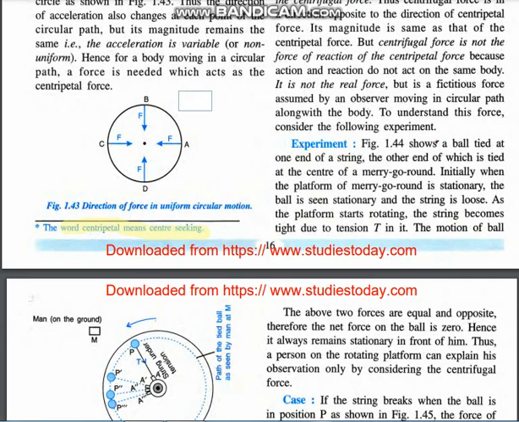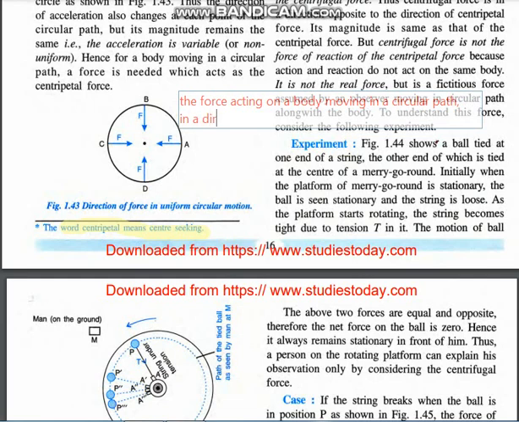The force acting on a body moving in a circular path in a direction towards the center of the circular path.